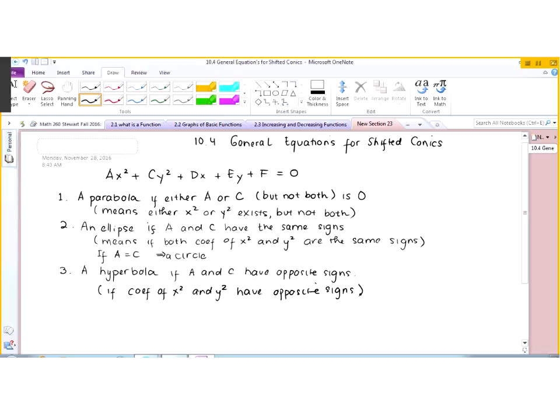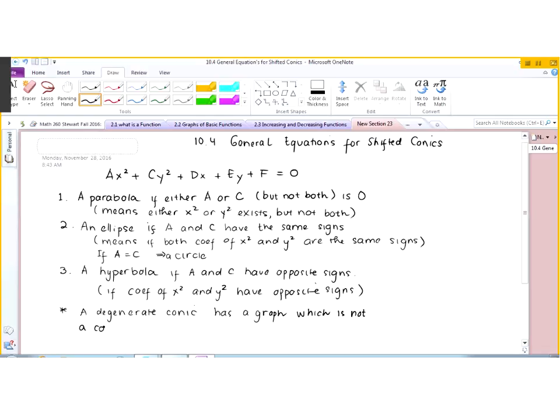Okay, what are degenerate conics? There are more degenerate conics. A degenerate conic has a graph which is not a conic.